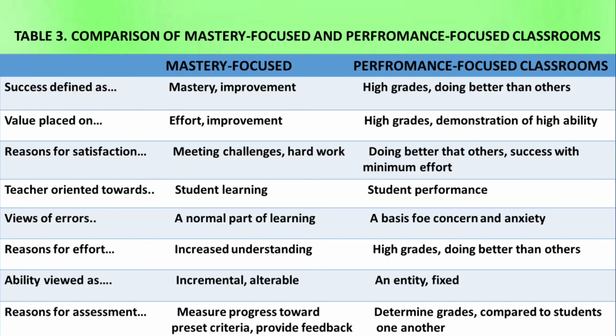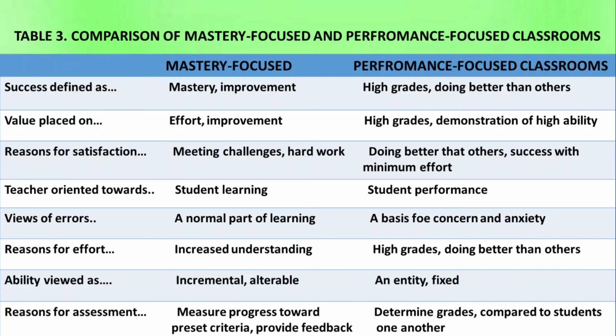Success defined as mastery, improvement, high grades, doing better than others. Value placed on effort, improvement, high grades, demonstration of high ability. Reasons for satisfaction: meeting challenges, hard work, doing better than others, success with minimum effort. Teacher orientation towards student learning, student performance.